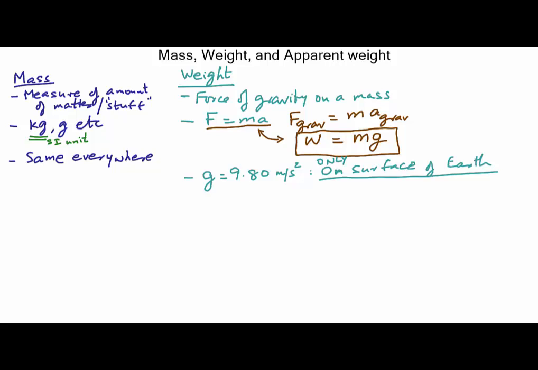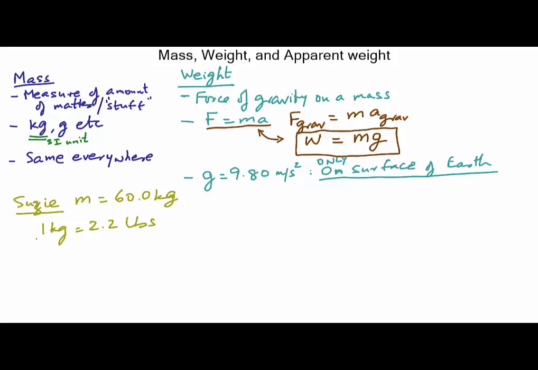So let's take an example. Let's say we have Susie, and Susie's mass is 60 kilograms. So that's a measure of the amount of stuff Susie is made up of. And we want to figure out what her weight is. Some of you might be tempted to do a unit conversion from kilogram to pounds using a factor that you might have learned before that says 1 kilogram equals 2.2 pounds.